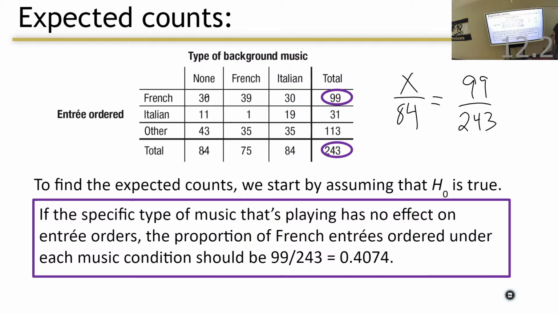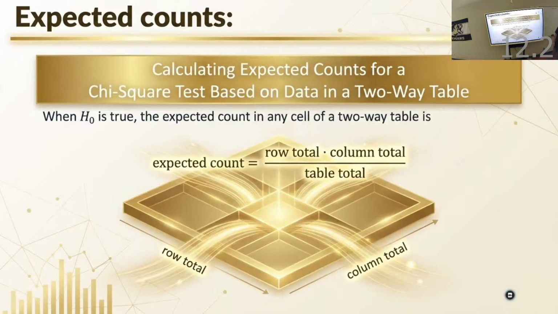And I can go a different way. I could have gone 84 over 243 has to be the same as X over 99. Either way. But you guys know if I have a ratio or a fraction equals a fraction, you cross multiply these two, and you're going to divide by this. That's how you find the expected counts.